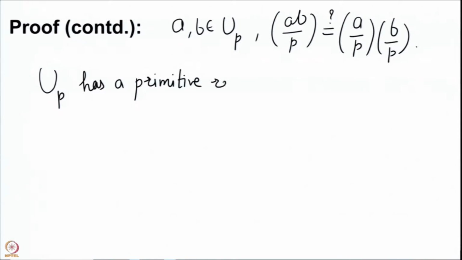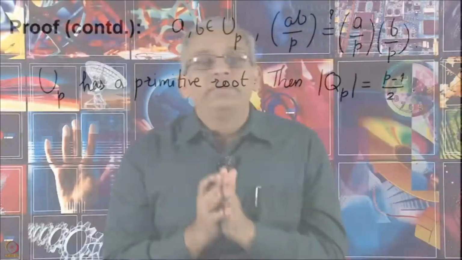We have proved in fact that when P is an odd prime, P power E has a primitive root. So, in particular UP has a primitive root, and then we also saw that the number of squares will have cardinality exactly (P minus 1)/2.